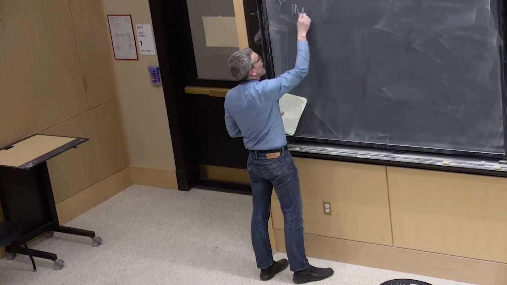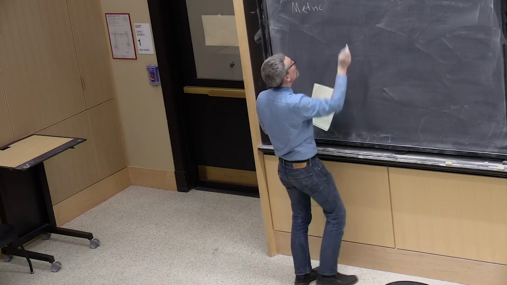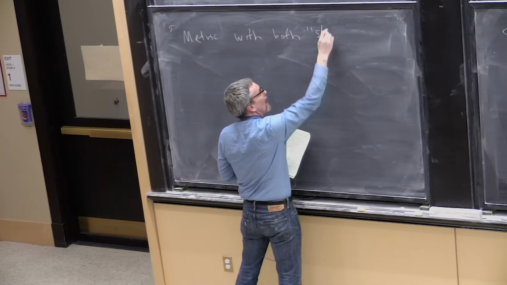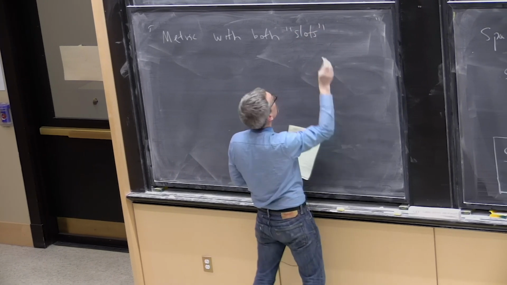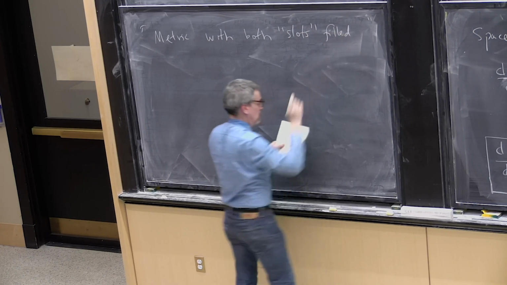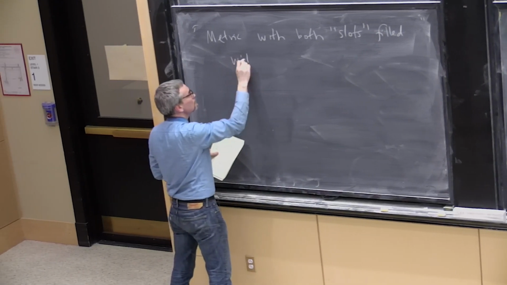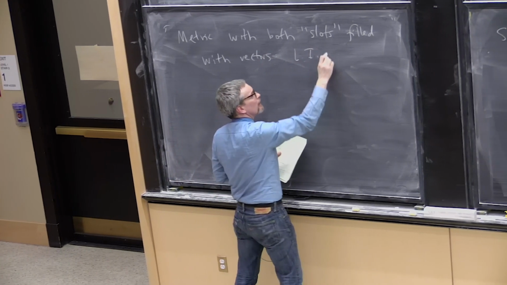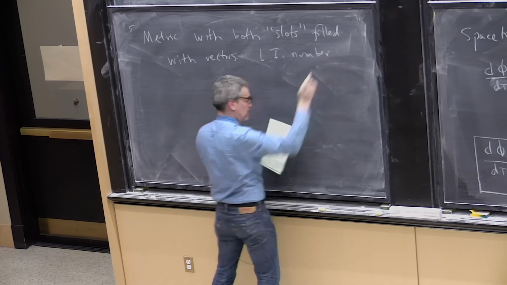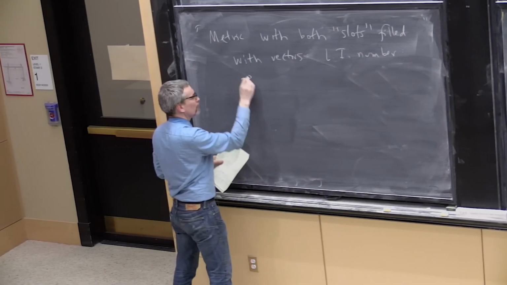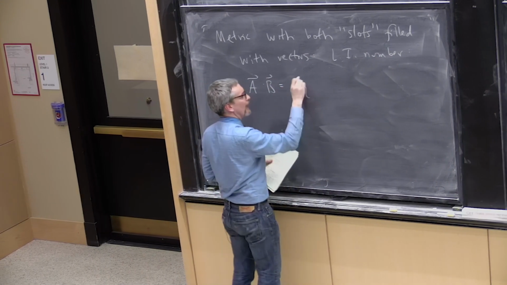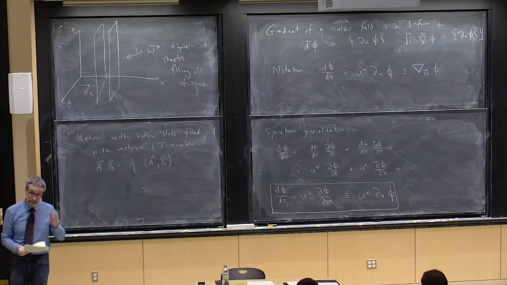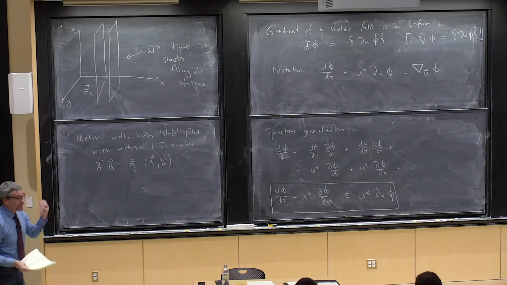When I give you the metric as an abstract tensor, and I imagine I have filled both slots, I get a Lorentz invariant number. A dot B is what I get when I take this tensor and I put A and B into its slots. Suppose I only fill one of its slots.